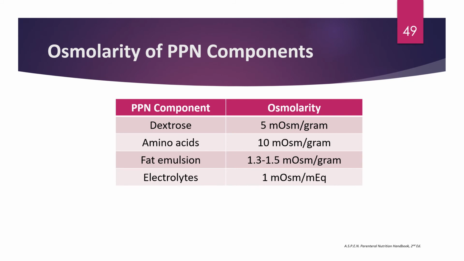I'm not going to require you to know the calculations in this class, but I will expect that you have a knowledge of where to find this information if you ever need it. Usually, one thing to know is that fat emulsion is relatively benign whenever we are considering PPN osmolarity. That's important to know because we can still administer fat via our peripheral line with an appropriate filter.